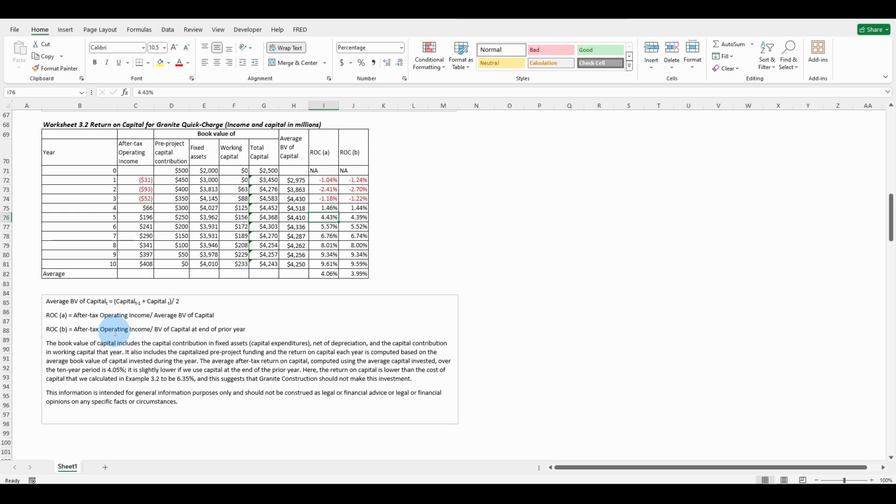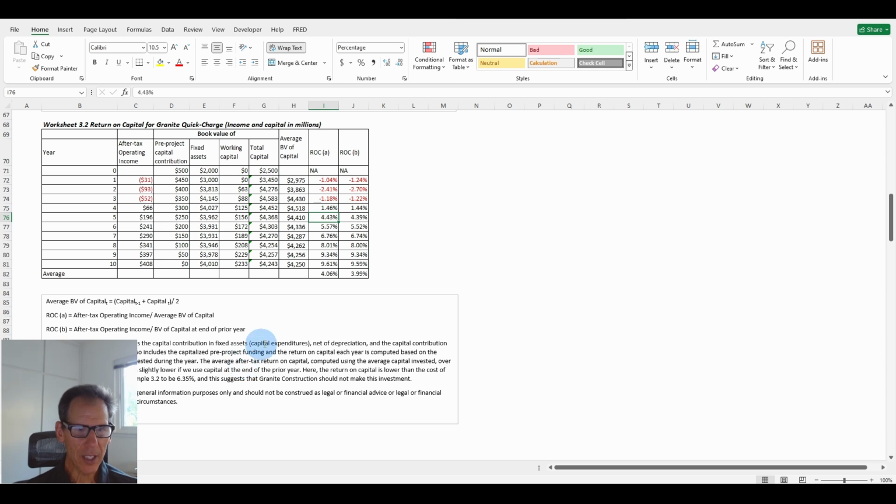The book value of capital includes the capital contribution in fixed assets, CapEx net of depreciation, and the capital contribution in working capital that year. It also includes the capitalized pre-project funding, and the return on capital each year is computed based on the average book value of capital invested during the year.